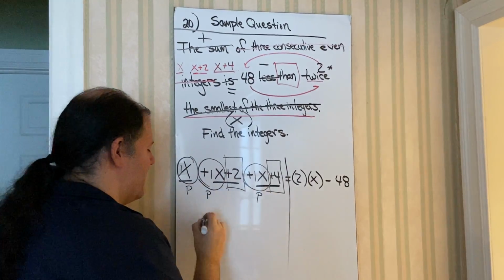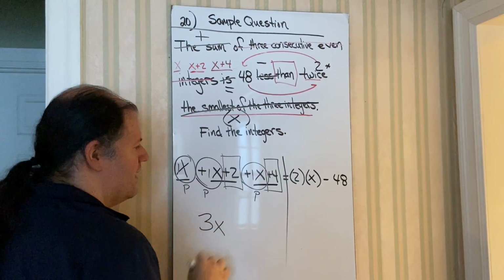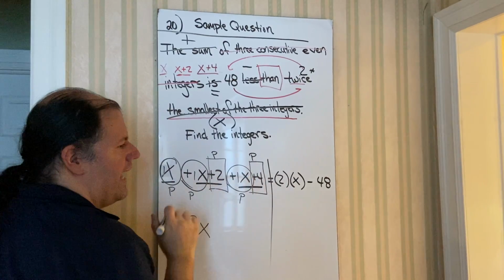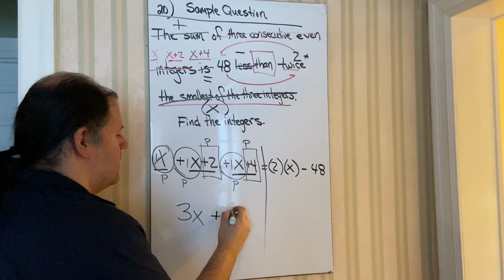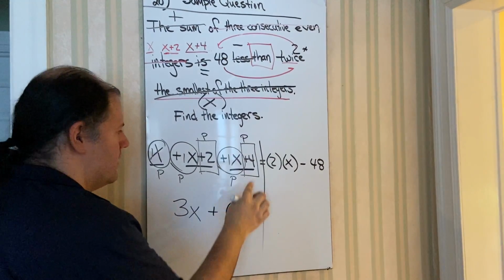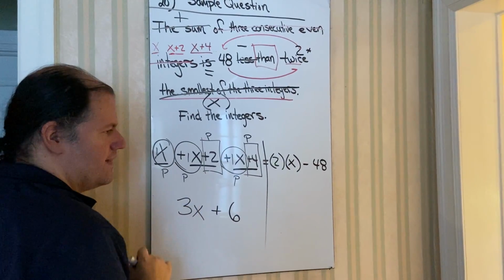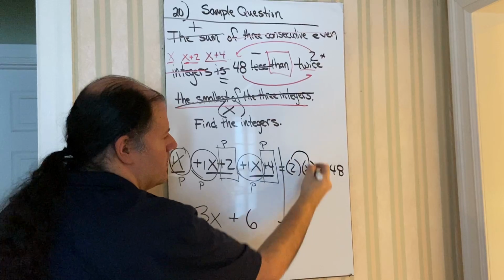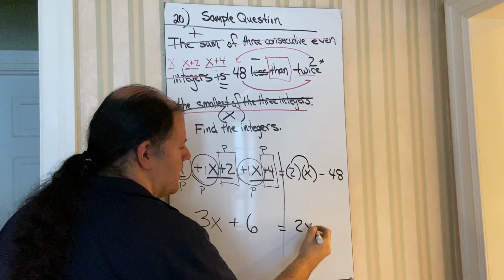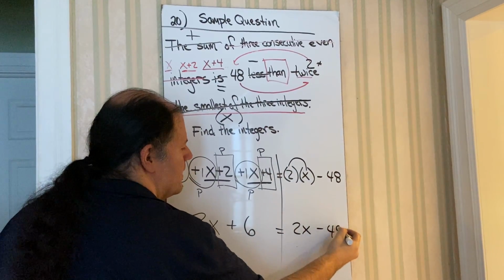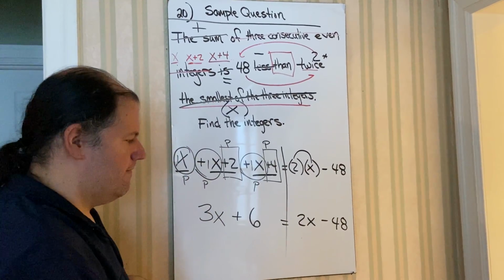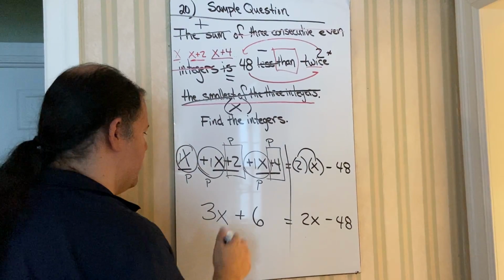You can see how I'm going to get 3x again. And 2 and 4, 2 positives, add. Who wins the tug of war? 4, team positive. Over here, you know what 2 times x looks like, 2x. Is there any other like terms? Coefficient, variable, constant? No. Now we're going to go to the labeling.